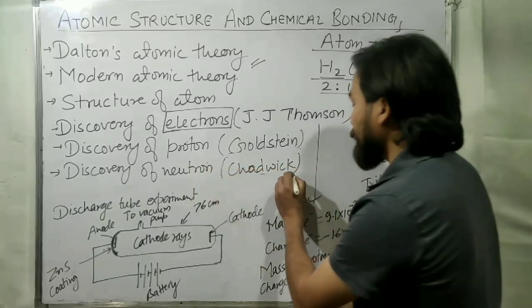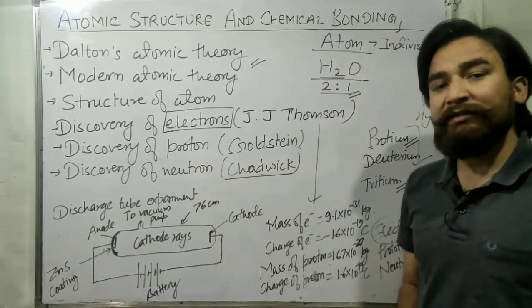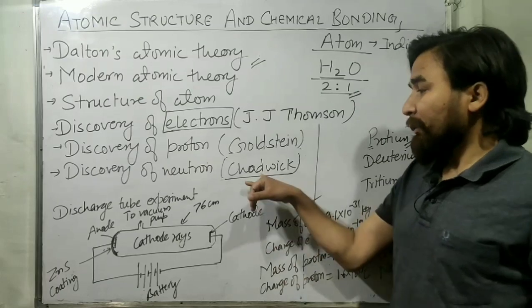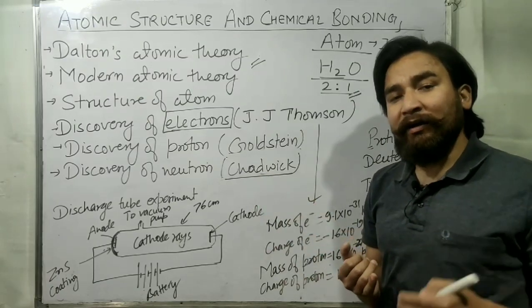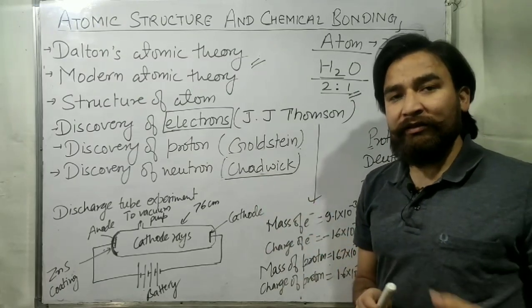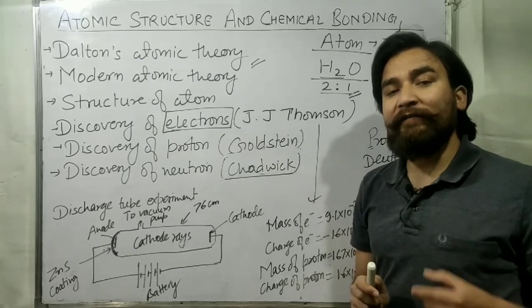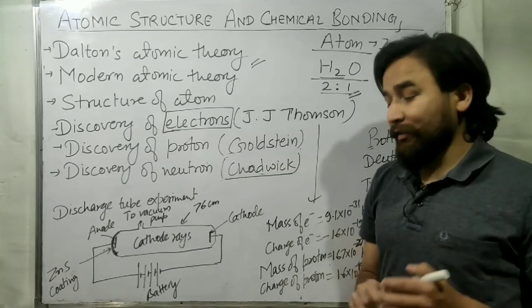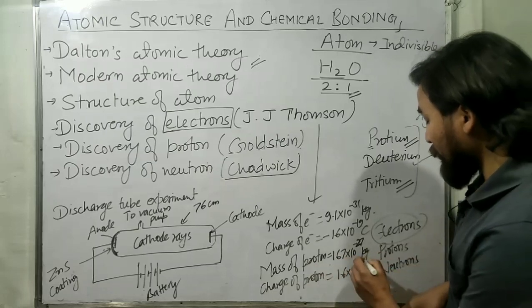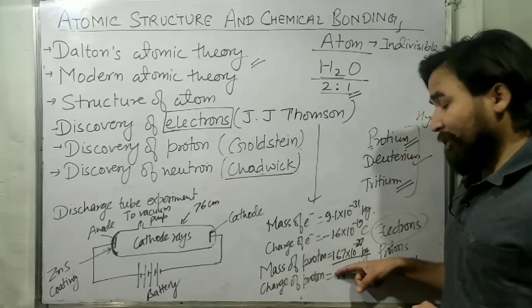The third is discovery of neutron. The discovery of neutron was done by Chadwick, and neutrons are electrically neutral, means neutrons do not have any charge, while the mass of neutron is equal to the mass of proton.